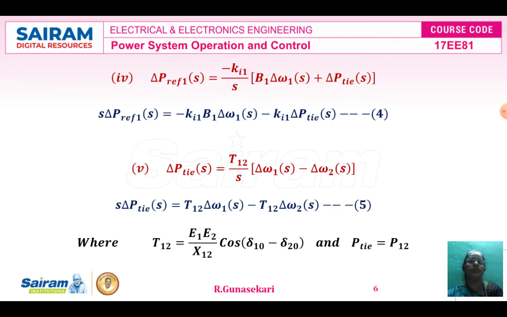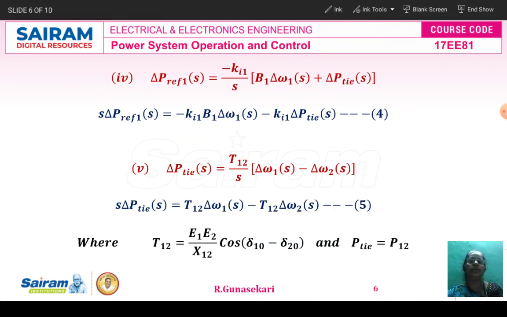Next the fourth one. The fourth one is where we have to derive the equation for speed reference setting for area 1, that is del p reference 1 of s, that is equal to minus ki1 divided by s. This term is nothing but the integral controller part only. Then b1 del omega 1 of s. The b1 is nothing but the frequency bias block, already seen in the diagram.